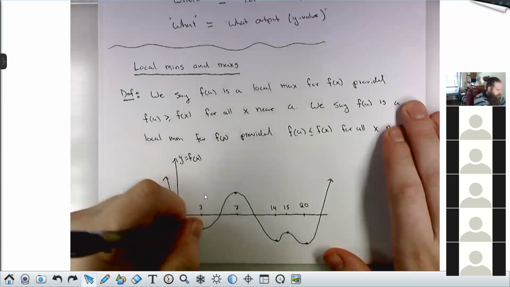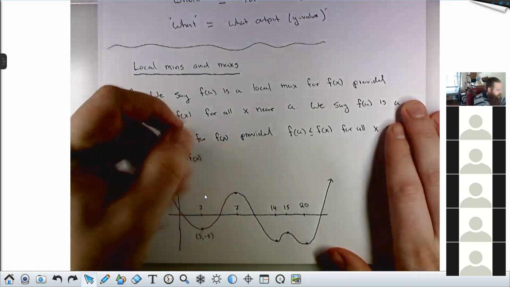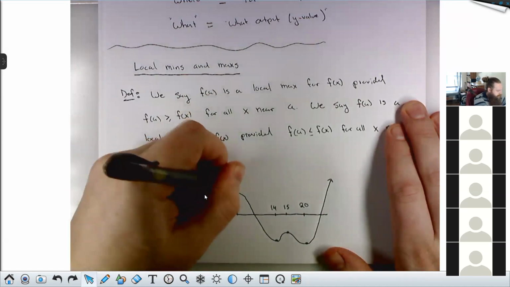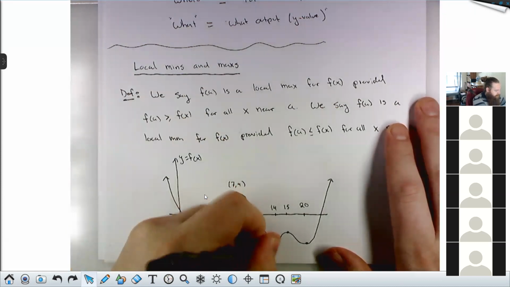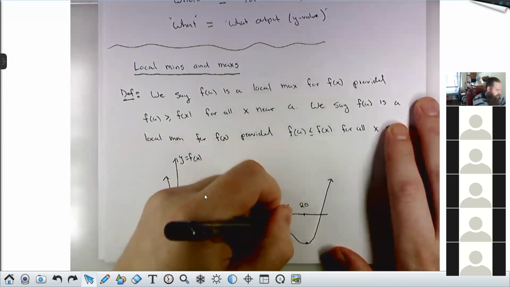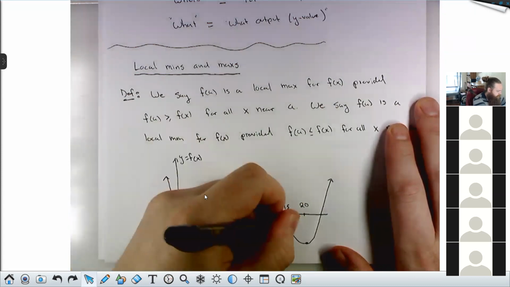And I'll say that the y values down here are maybe 3 comma -5. This is maybe 7 comma 4. 14 comma -8. 15 comma -6.